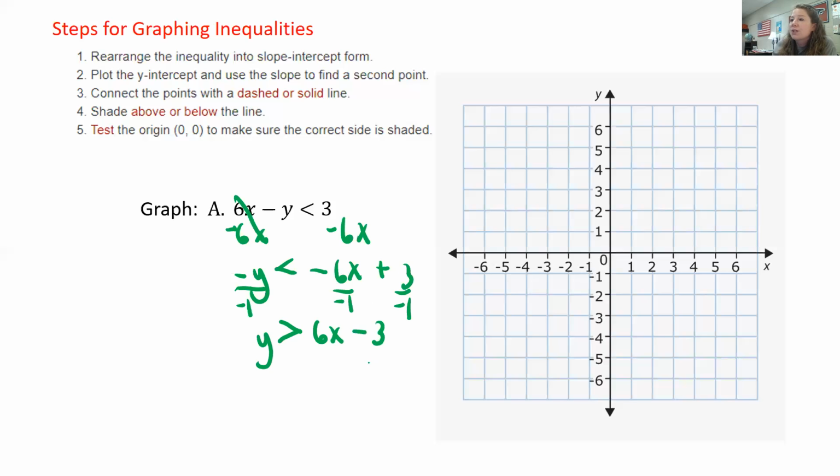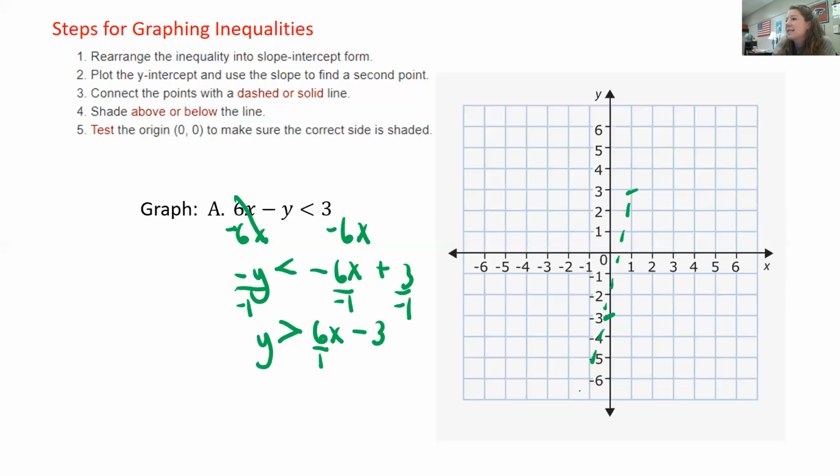All right, so we're going to start at our y-intercept, which is -3. Our rise is 6 over 1, so we're going to go up 6: 1, 2, 3, 4, 5, 6, right? 1. Now, am I going to make a dotted line or a solid line? I'm going to make a dotted line.